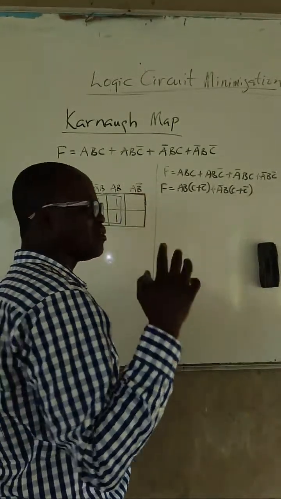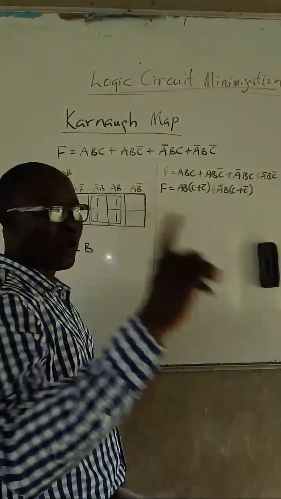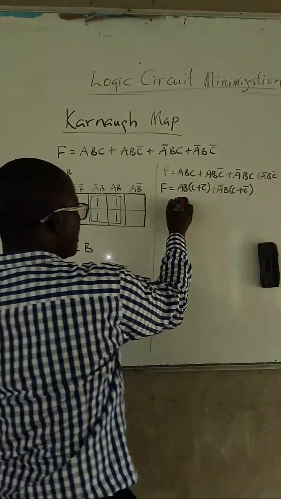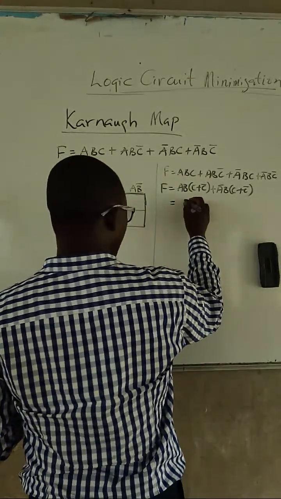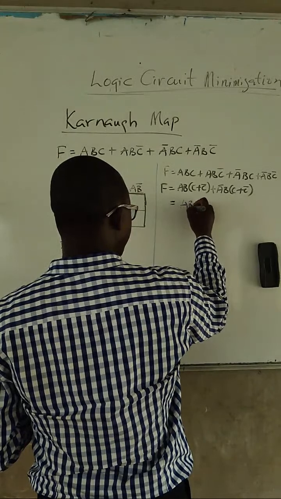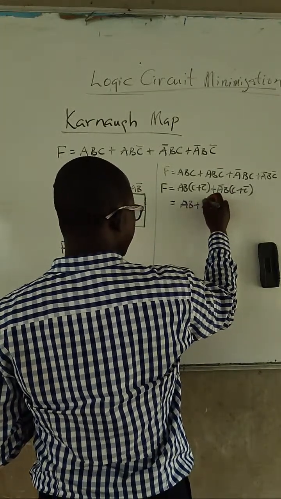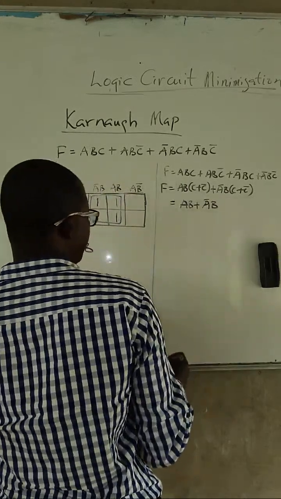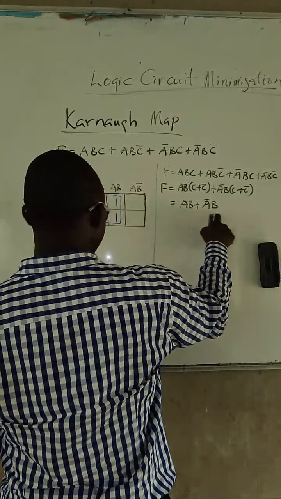That is 1 or 0, 0 or 1. 0 or 1 we always give 1 since it is an OR gate. So here, we now have AB plus A bar B. Now, from here also, we can see that B is common.